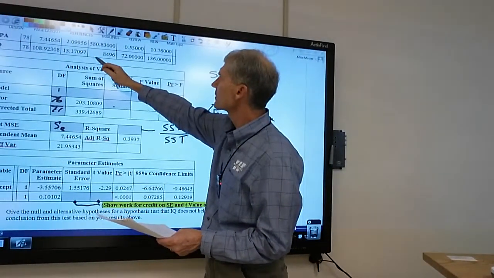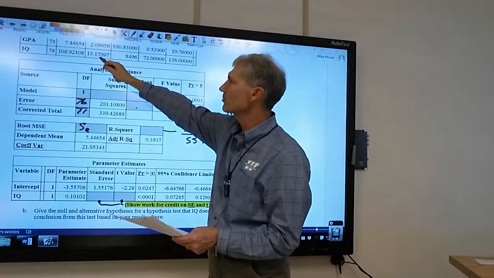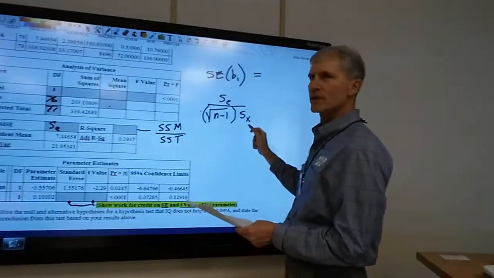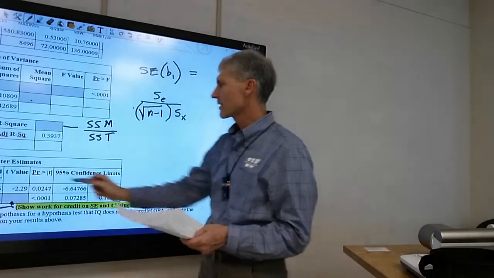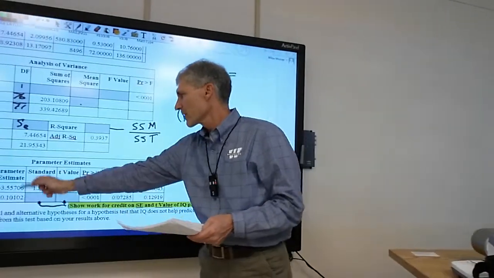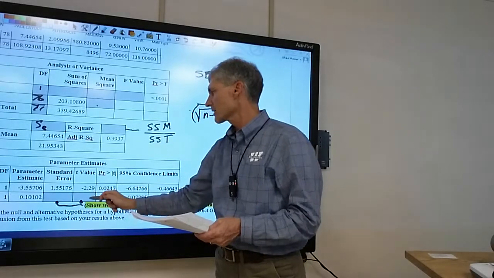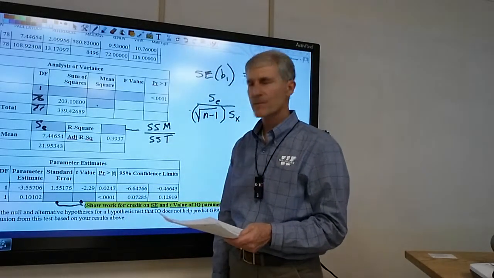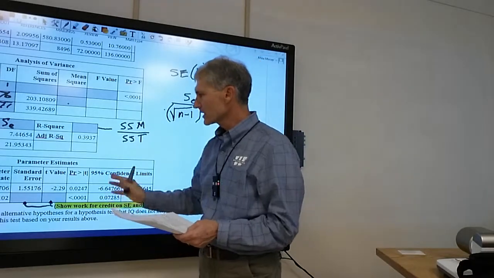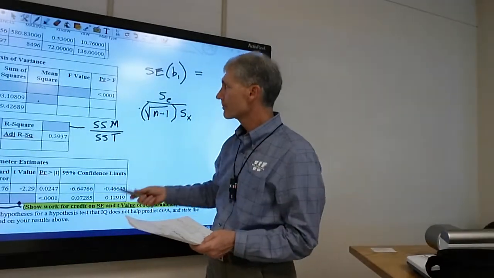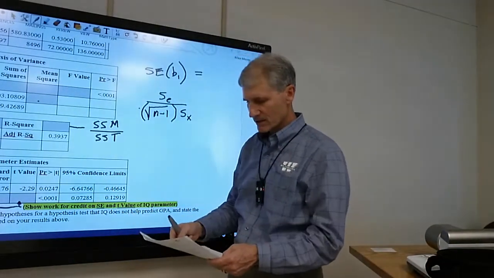IQ is X, so standard deviation of X is 13.17. That's going to go in there where SX is, and you have the standard error. Then you divide parameter estimate by standard error to get the t statistic that's missing. And I filled in the p-value for you, so you didn't have to look it up. And that was highly significant.